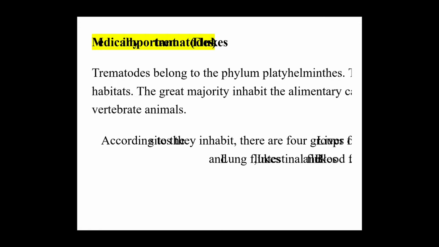The great majority inhabit the alimentary canal, as we showed you before, and the liver and bile duct, ureter, and bladder of vertebrate animals. Accordingly, based on the site that they inhabit, there are four groups of flukes. These are as follows: first, liver flukes; second, lung flukes; third, intestinal flukes; and fourth and last, blood flukes.